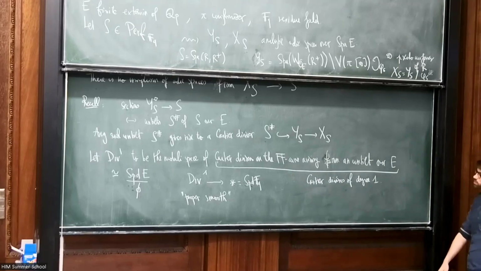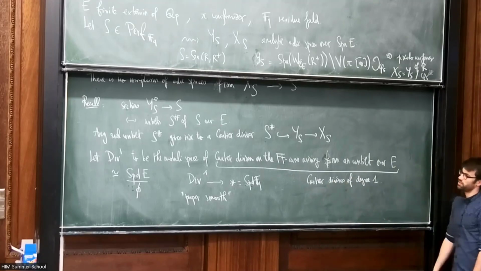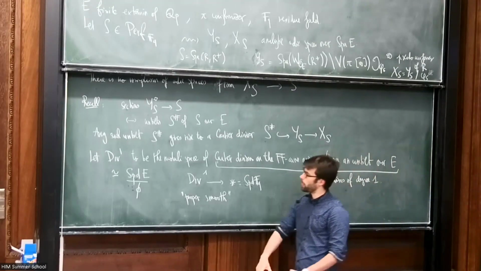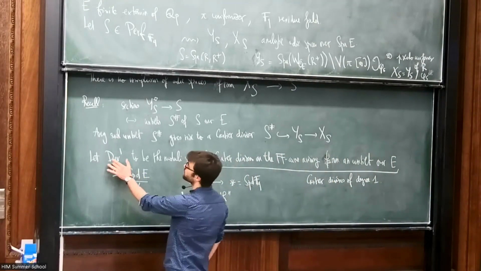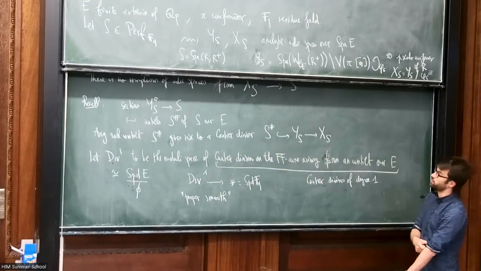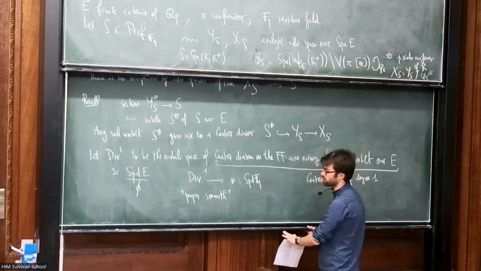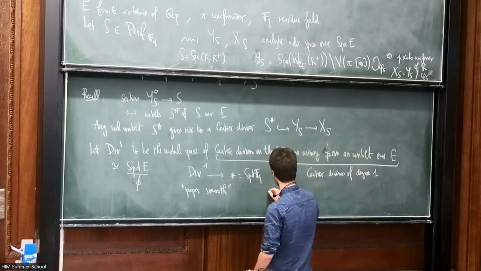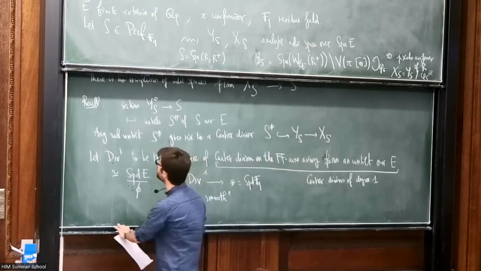In usual algebraic geometry, the moduli space of Cartier divisors of degree 1 would just be isomorphic to the curve itself. But now we get a diamond which does not identify with the diamond of the Fargues-Fontaine curve.